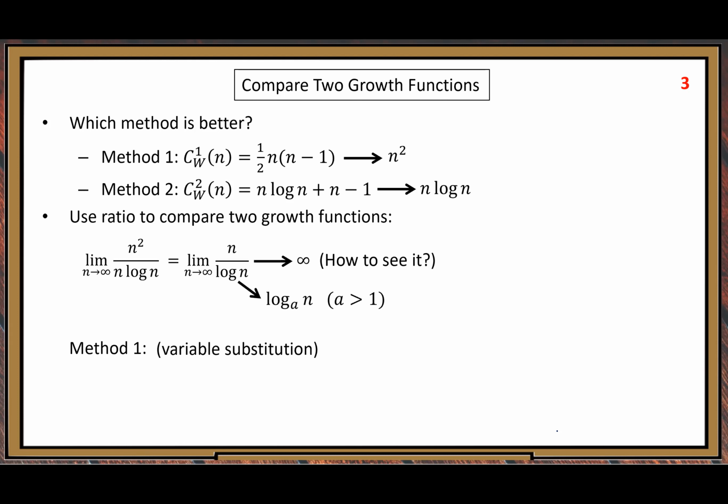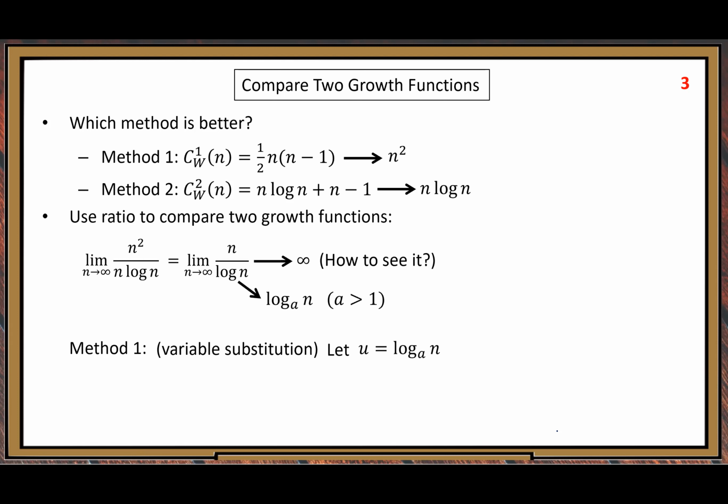Here the denominator is log n. Sometimes we feel it is not easy to deal with the log function, so we want to do some substitution to avoid the log function.